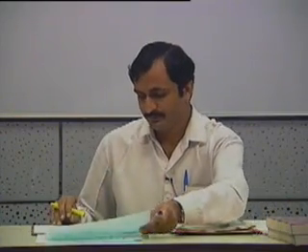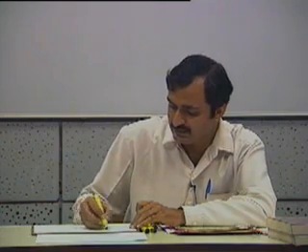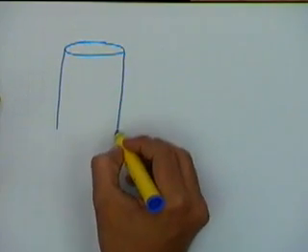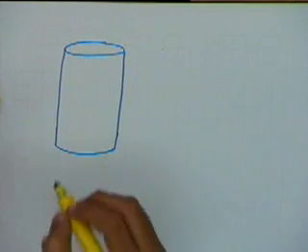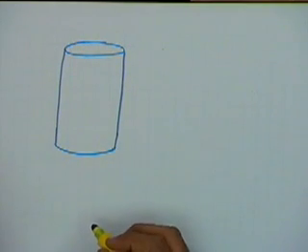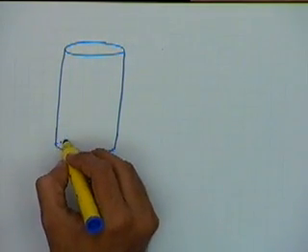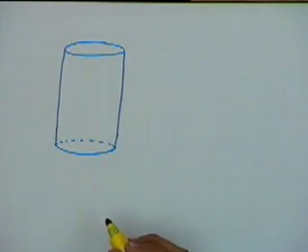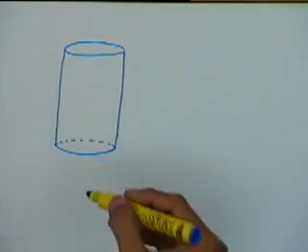If you are talking of, let us say, a cylindrical surface, we cannot say that the complete cylindrical surface will be invisible. If you have a surface like this, we have only 3 surfaces in this case.